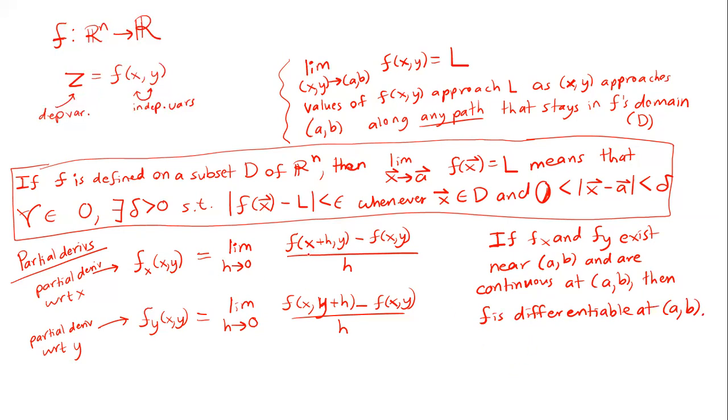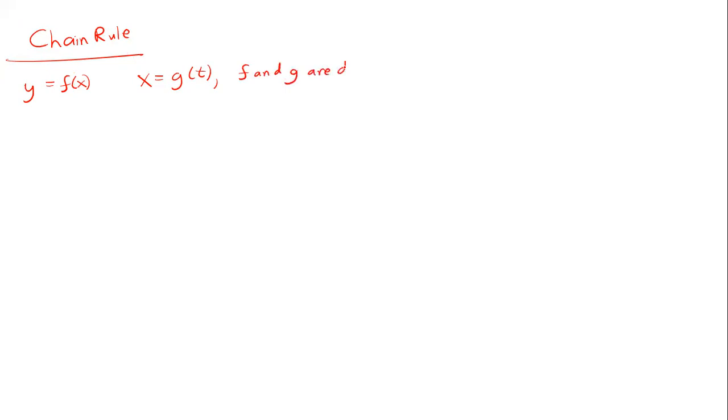And so really briefly then, to just state the chain rule when you have multiple dimensions, if people remember the chain rule with a single dimension, we would say, okay, if y is equal to f of x, so this was a scalar x and a scalar valued function f of x, and then if x is equal to g of t and f and g are differentiable, then dy over dt is equal to dy over dx, dx over dt.